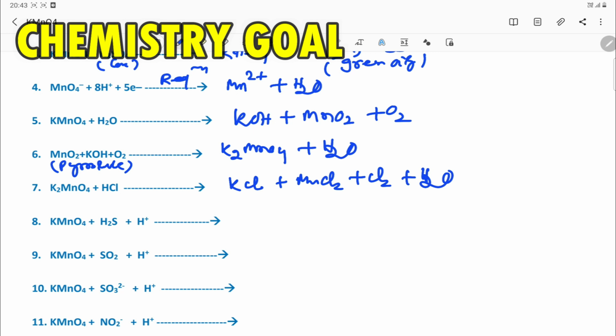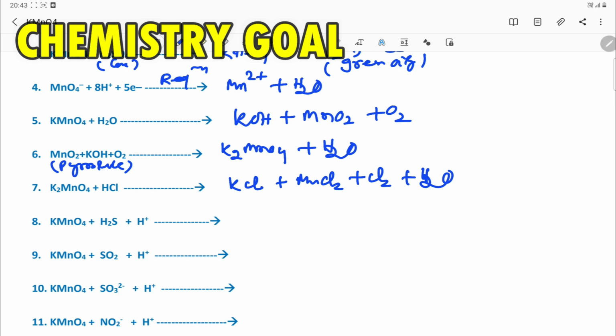This is the reaction of both potassium permanganate and potassium manganate. They oxidize HCl to chlorine, giving potassium chloride, manganese chloride, chlorine and water. This is the oxidation reaction of both potassium manganate and permanganate.